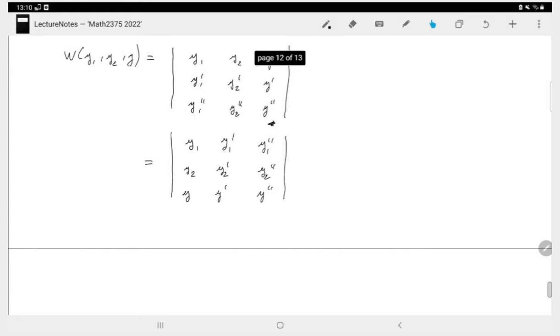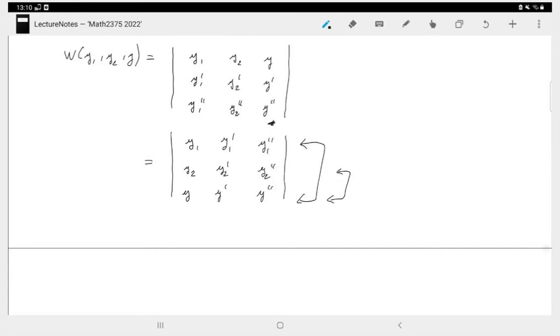After this, I'd like to have my y on the top row. To do this, I need to make a permutation, which is going to give me a negative sign. I'm doing a permutation between these two rows, which gives me y on the top row, y2 on the second, and y1 on the third. Then I do a permutation between the other two rows so that I have y on the top row, y1 on the second, and y2 on the third.